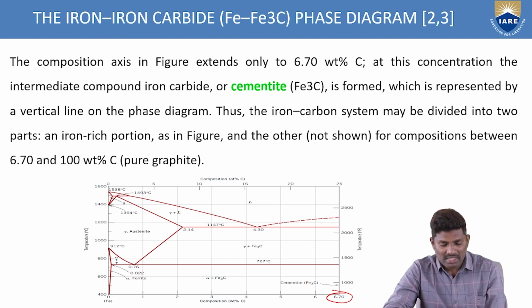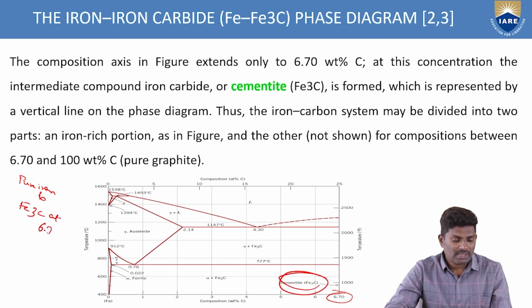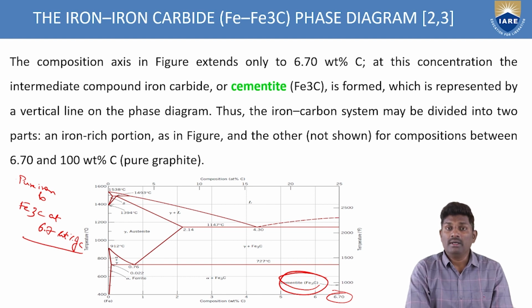The pure iron is converting into cementite, that is Fe3C, at 6.7 weight percentage of carbon. So up to this we'll end at cementite.